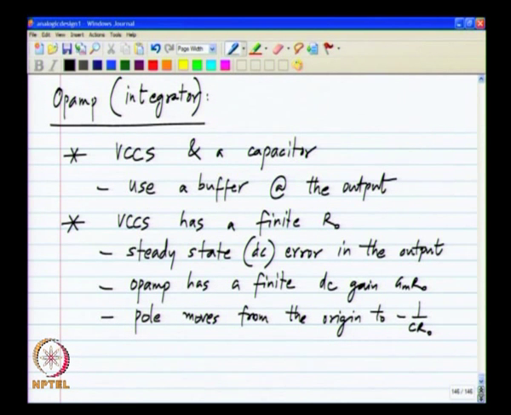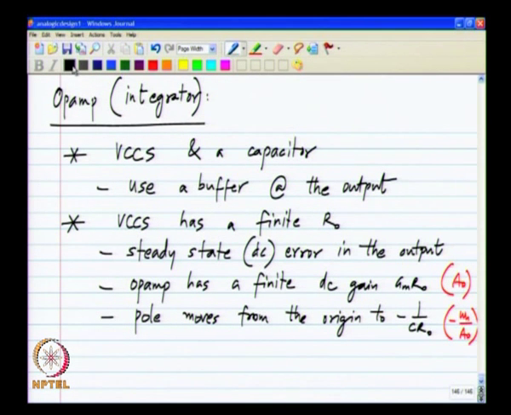So, in more general terms, the op amp will always have a finite DC gain A naught, which is not infinity, and the pole moves to minus omega u divided by A naught, where omega u is the intended unity gain frequency of the op amp.